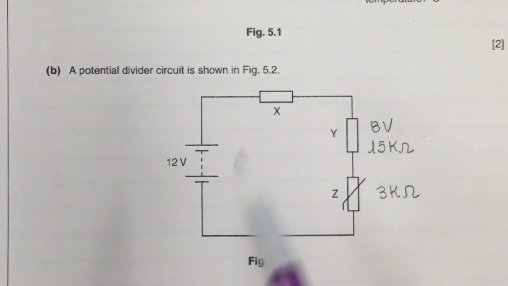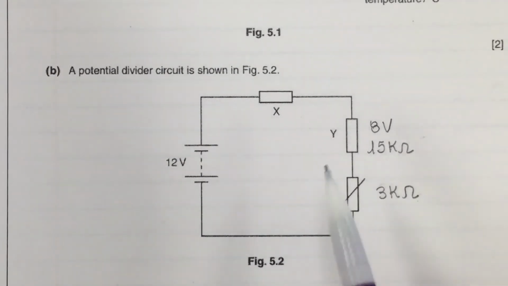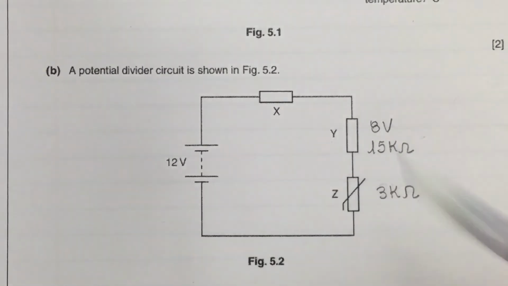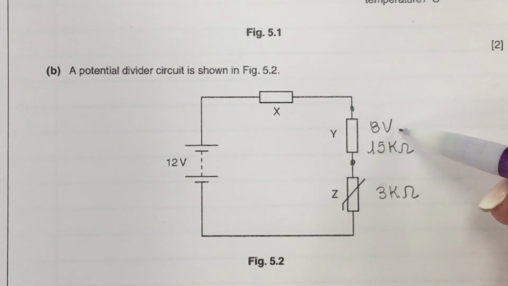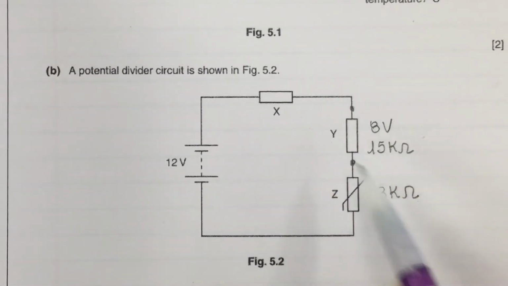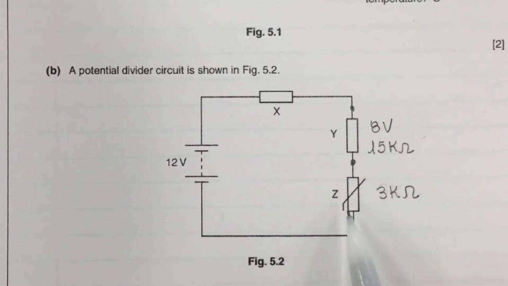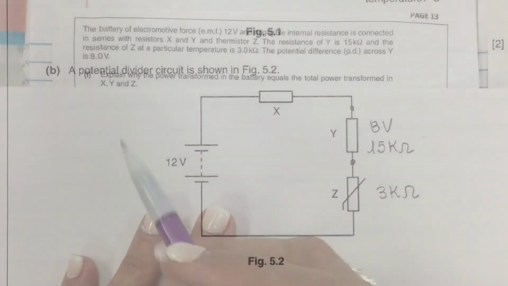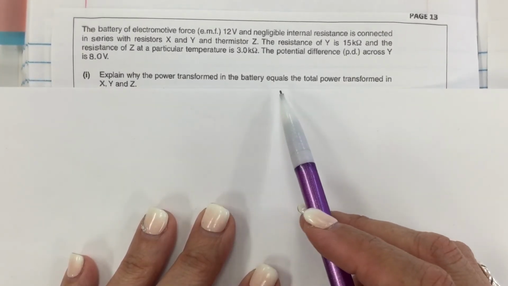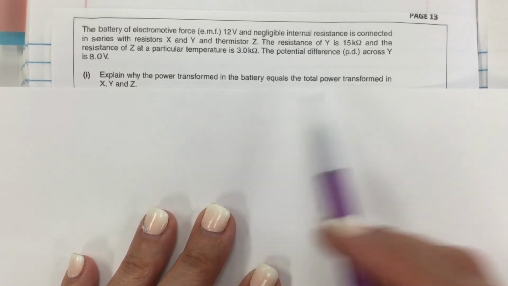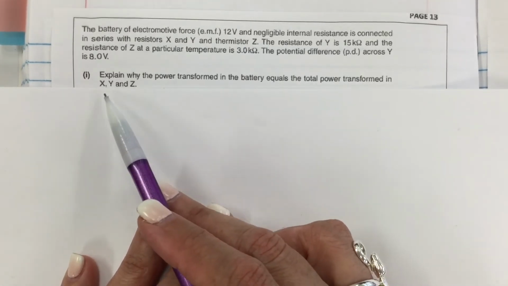Okay, back to the circuit, with the data provided: the PD across resistor Y is 8 volts. The value of this resistor is 15 kilo ohms, and the value of this thermistor at a certain temperature is 3 kilo ohms.